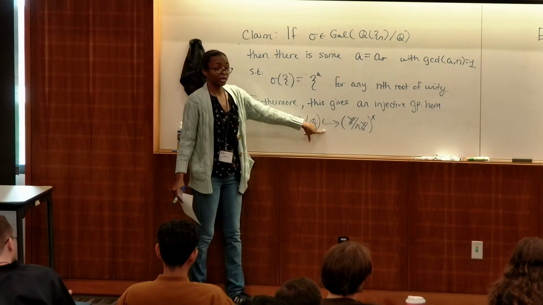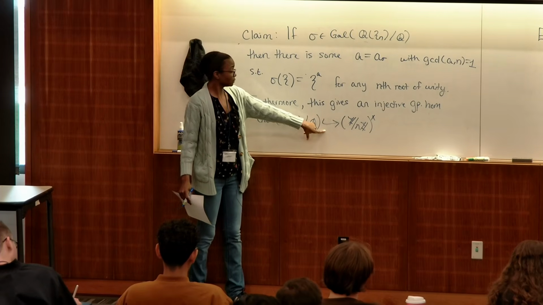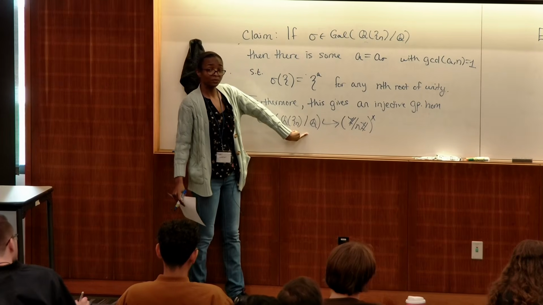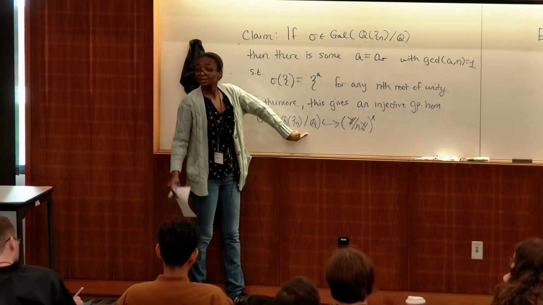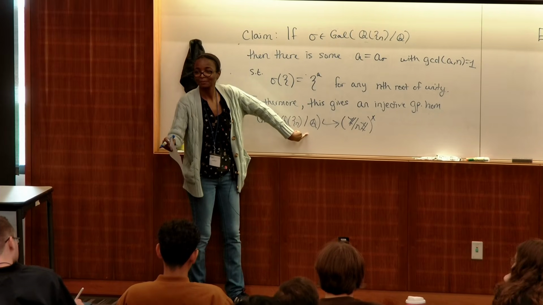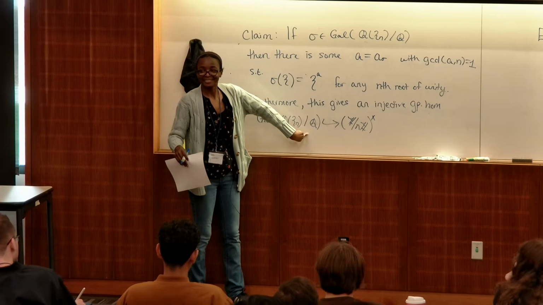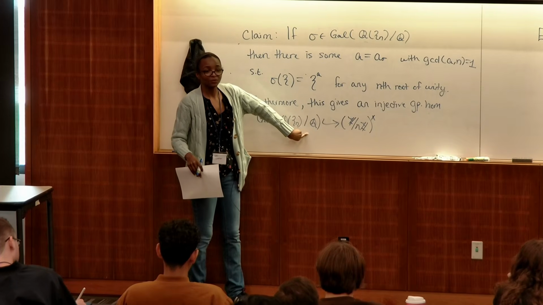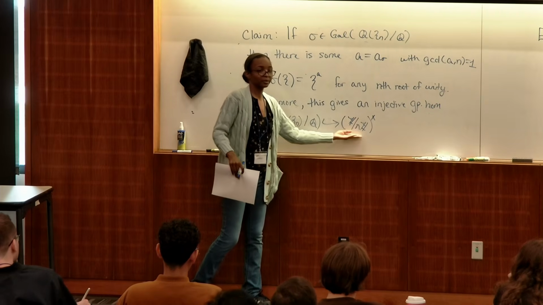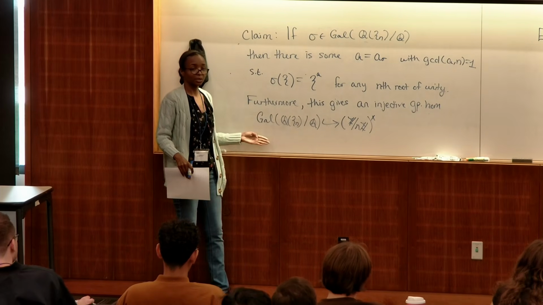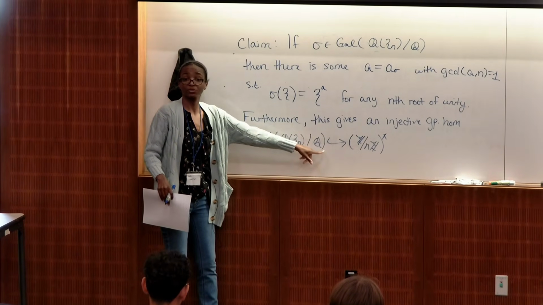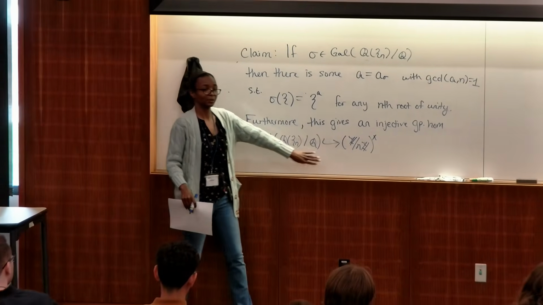But if this is an injection, then there's a very important theorem about homomorphisms of groups. Say it again. The first isomorphism theorem for groups tells you that the image of this group is isomorphic to this group modulo the kernel of the group homomorphism, but I'm claiming it's injective, therefore the kernel is trivial, which means that I have a copy of this group inside of here.